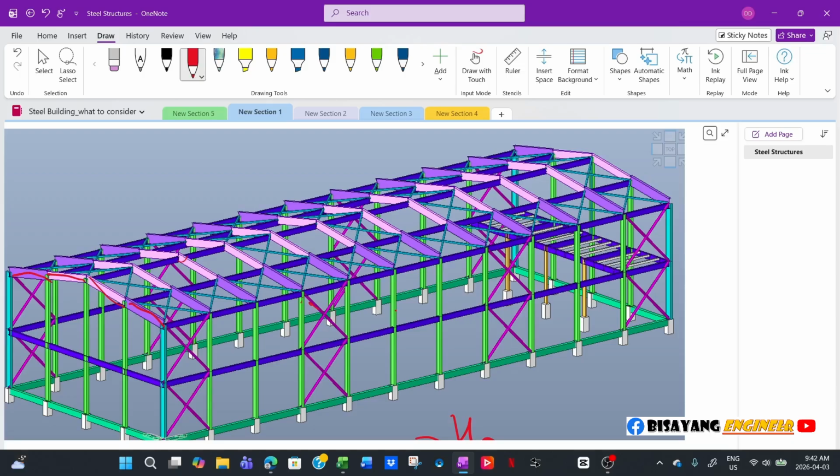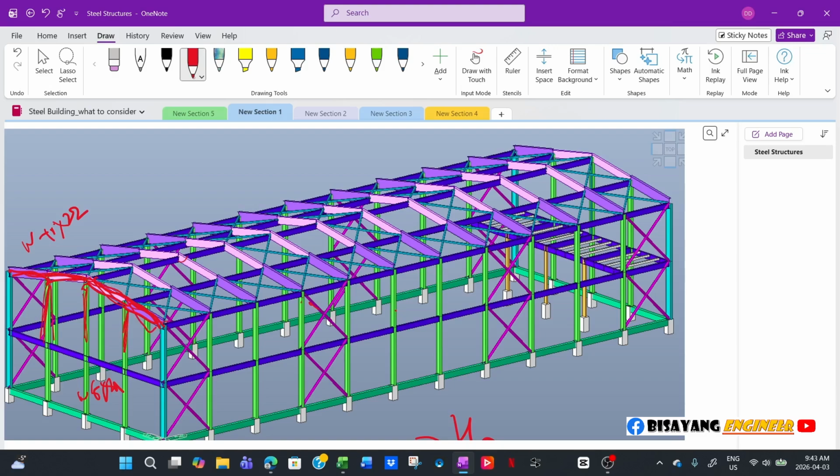Most of the time this is only like W10 by 22, and then this is say W8 by 31, and this is just pin connected here. This is just a regular simple beam, because you can always utilize this one as your support. So it doesn't have to be a moment frame as well.